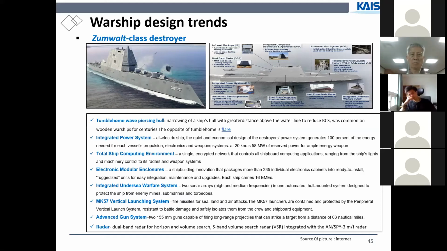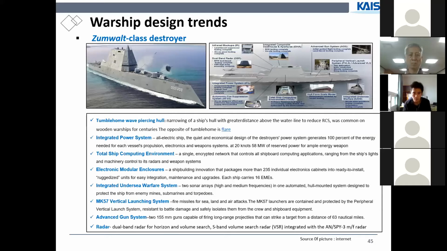Electronic modular enclosures: each ship carries 16 EMEs. This is shipbuilding innovation packaging, with 235 individual electronic cabinets, easy to install and easy to maintain.